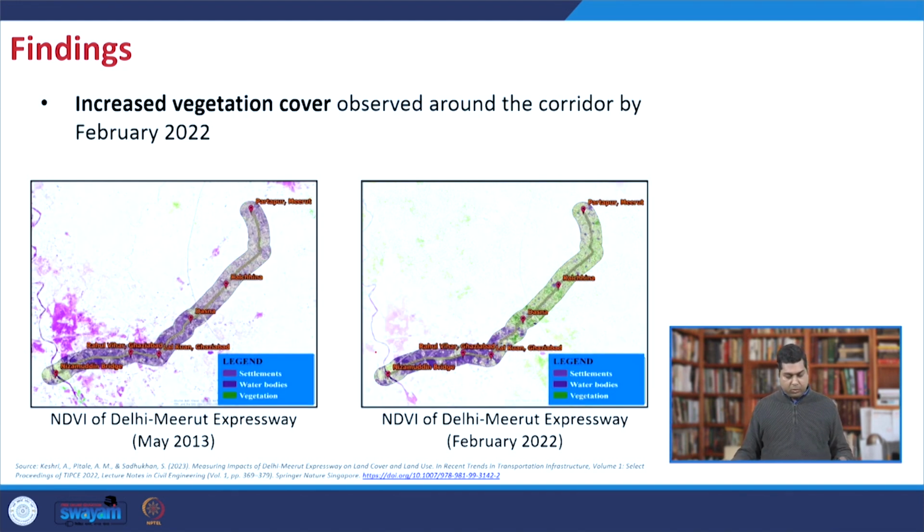Similarly, if you go for the vegetation index, the vegetation part has also dropped, but again at this particular scale it was not very precisely measured. Wherever new construction is coming up, automatically there is some drop, but in a few areas there is new vegetation coming up because it is planned development of green things.